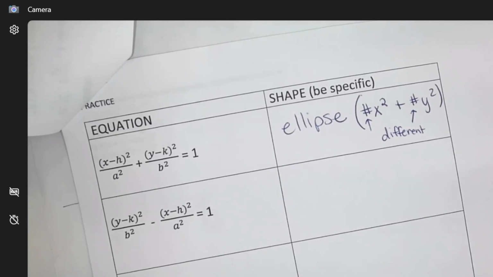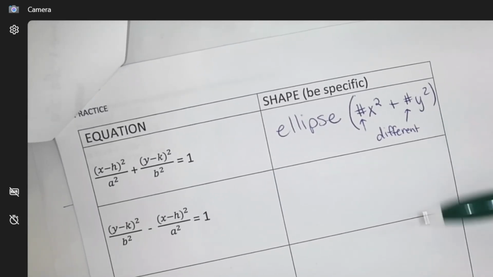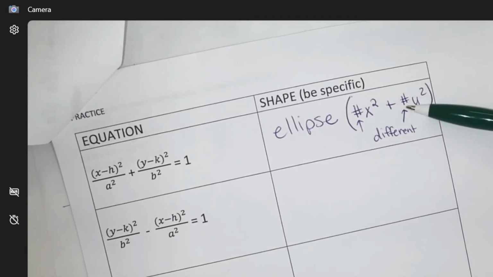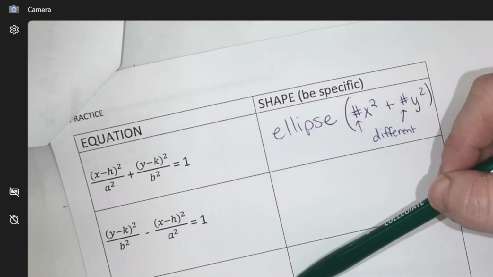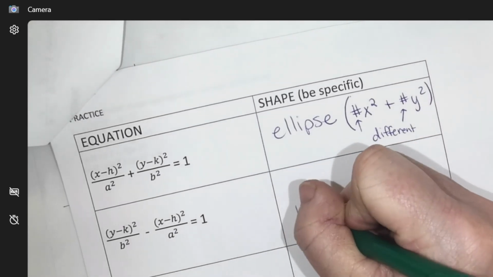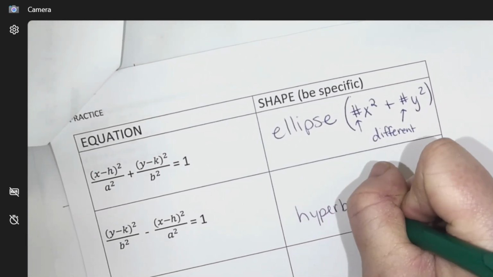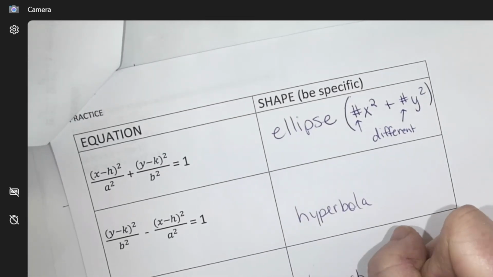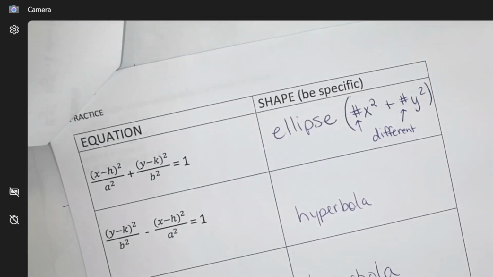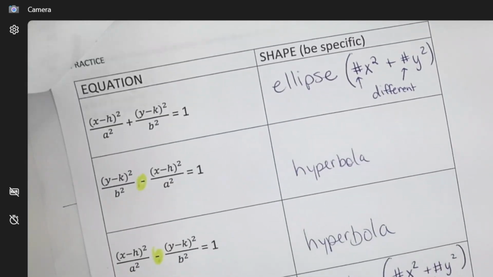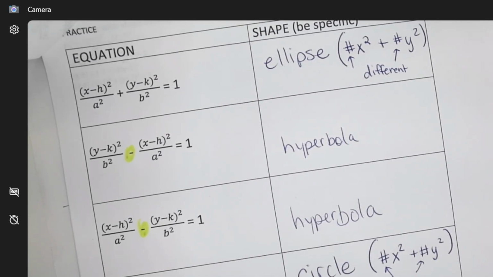So you're adding x squareds and y squareds for both circle and ellipse. They're both the adding, but one has the same and one has different. Okay, so these ones are hyperbolas because there's a subtract.